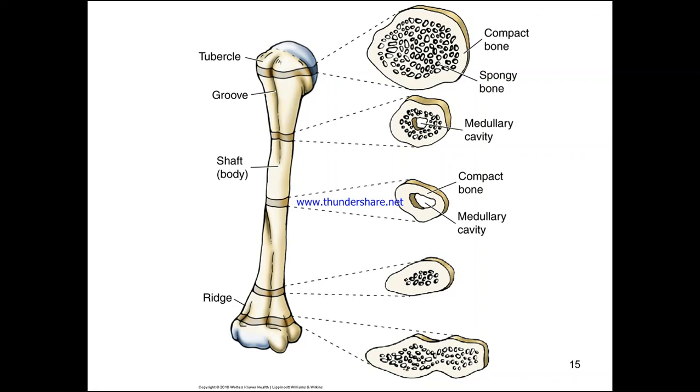And so if we take some cross sections through bone, we can see the different parts. So we can see the outer region, the compact bone, and the inner softer area, the spongy bone.